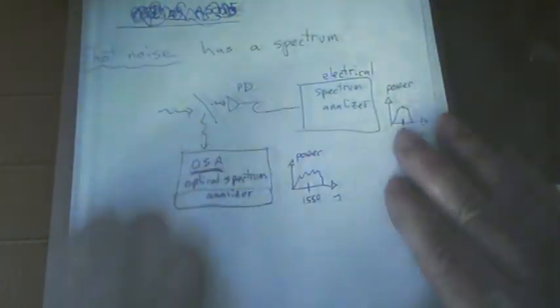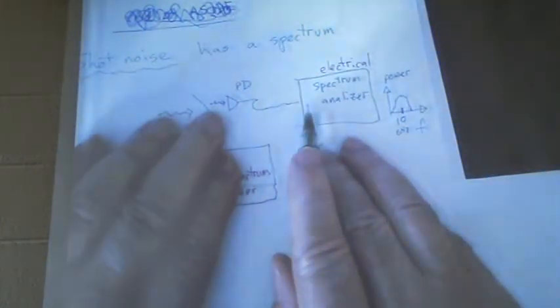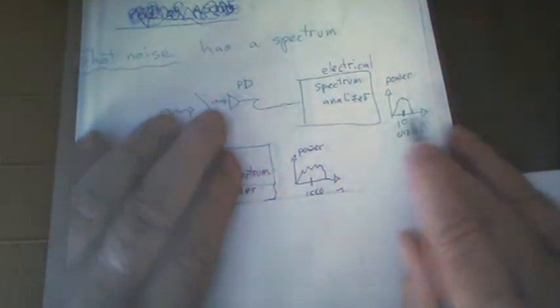This shot noise stuff has a spectrum, has different frequencies in it. So here I'm going to take some light, and if I shine it on a photodetector, I can plug that current into a spectrum analyzer. Instead of hooking it up to my speaker, I can hook it up to an electrical spectrum analyzer, and I'll see that signal's spectrum.